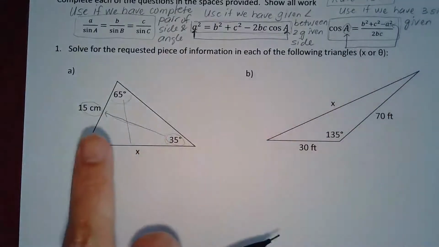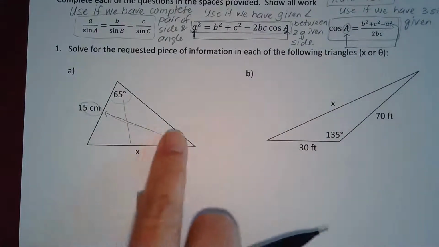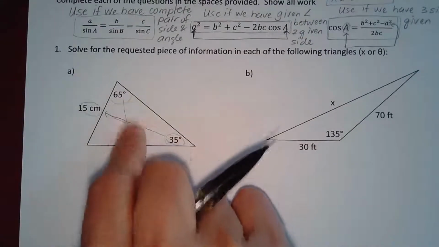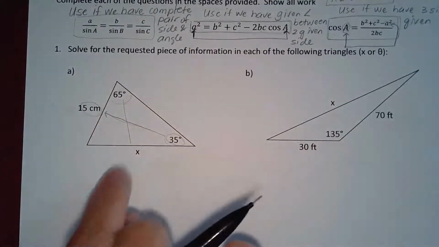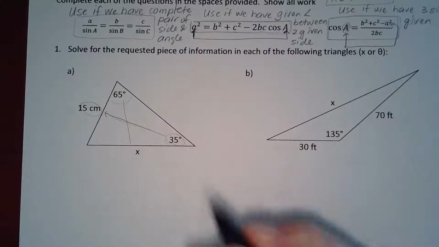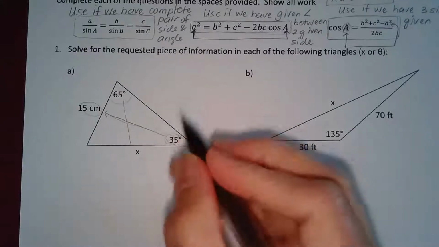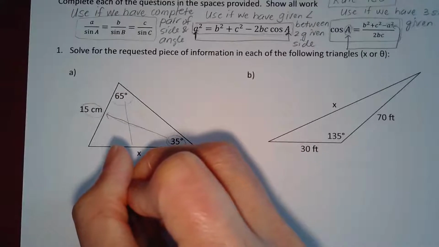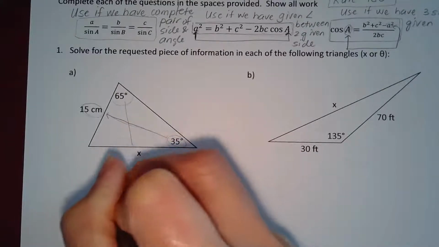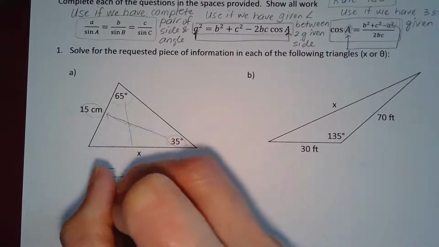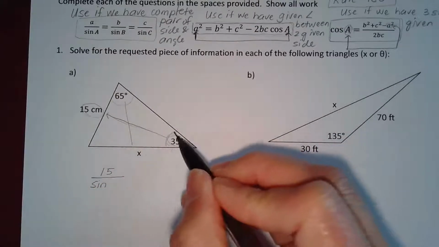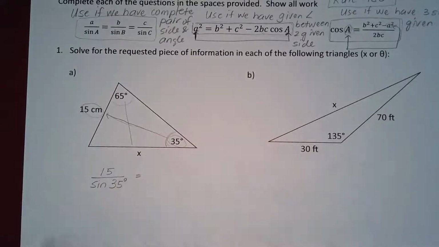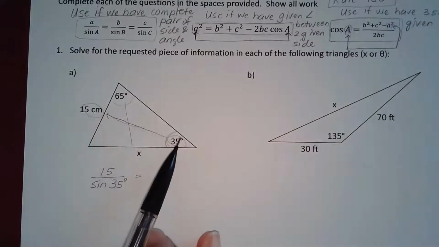Because we have a complete pairing, and then a partially complete pairing, we're going to use sine law. That's how I think about it. So what does the sine law look like? We start with the side divided by the sine of the matching angle, the paired angle, so 35 degrees.